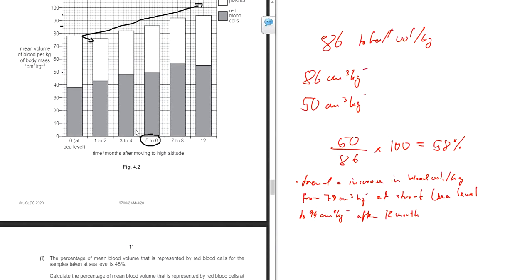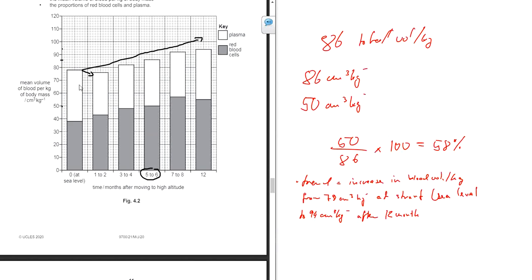What else can we say? That the increase in blood volume, it looks like it's mainly due to an increase in red blood cells. If we look at the blood plasma, we can check here. We have 78, we said that already, and 38. That is a total volume of 40 centimeter cube.